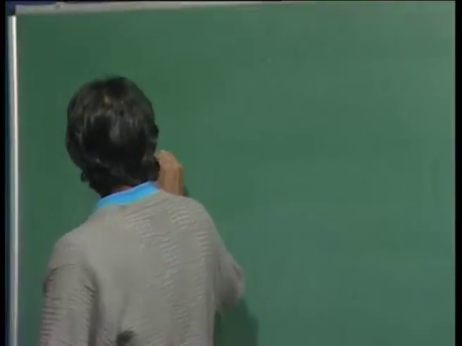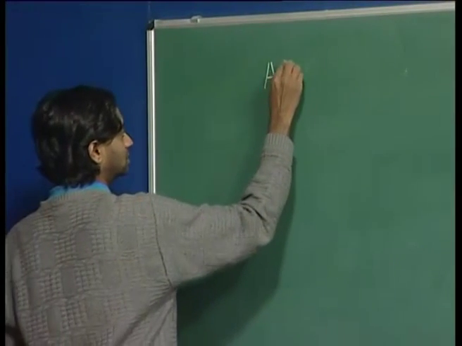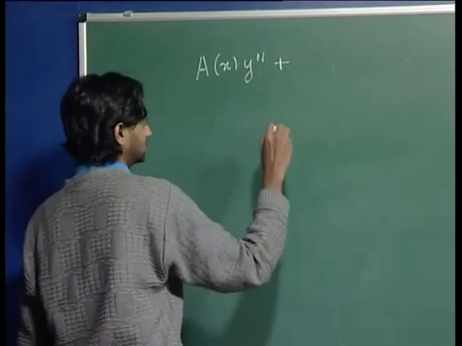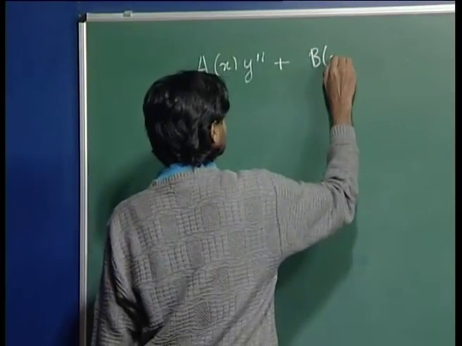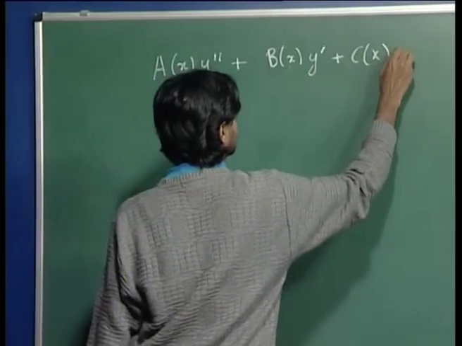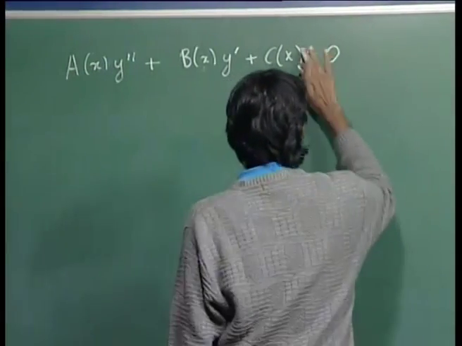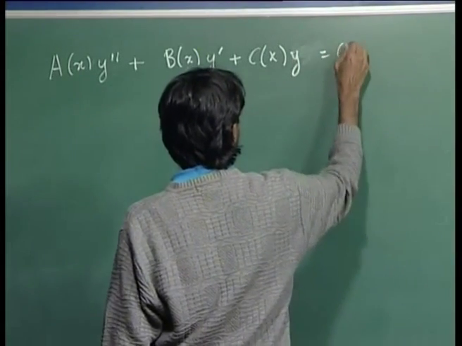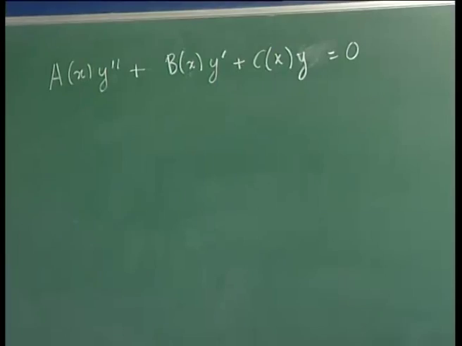So, suppose you had a differential equation of the form a of x y double prime plus b of x y prime plus c of x y equal to 0. Okay.